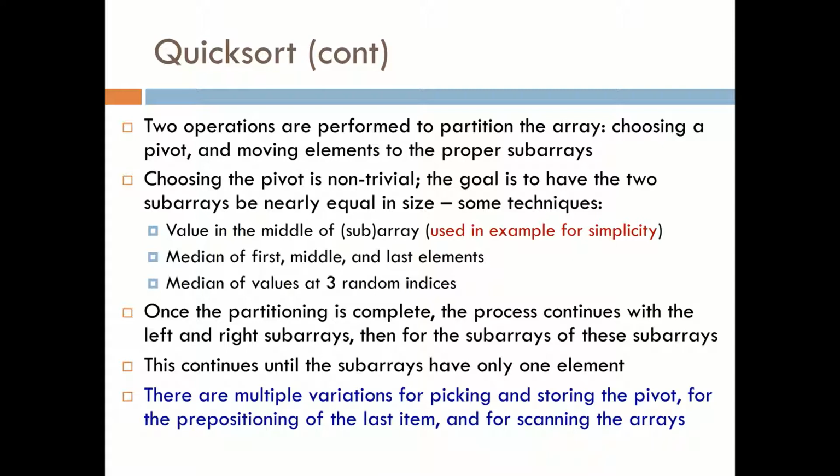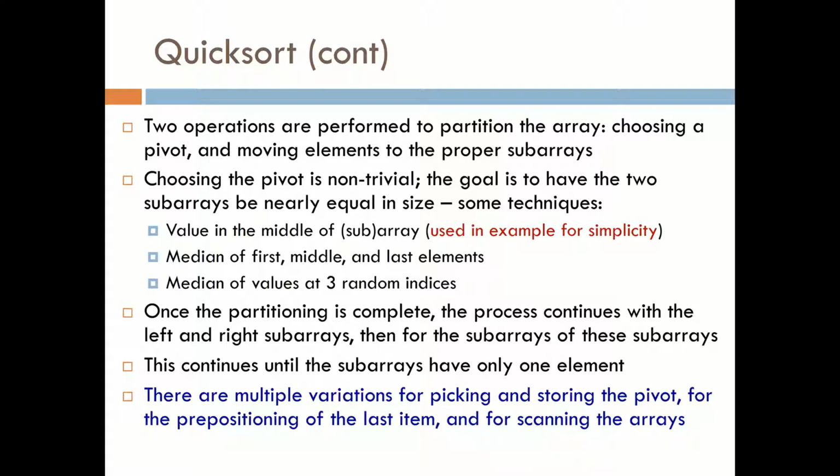So here are a few ways that we can pick the pivot. We will use the top one, which is the value in the middle index of the array. We will use this for simplicity, even though this is known to be a bad way to pick the pivot. The way to think about this is you can write your own pick-the-pivot function, and it returns some index, and then from then on you can execute the algorithm without issues.